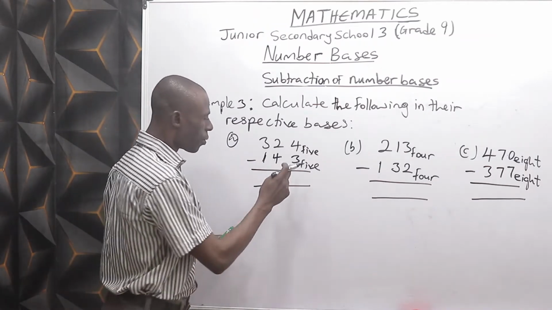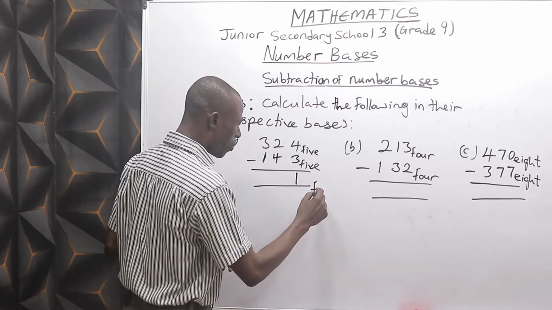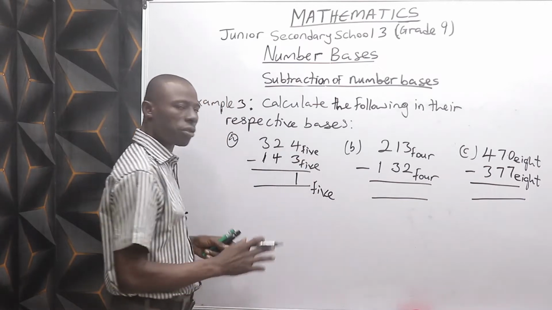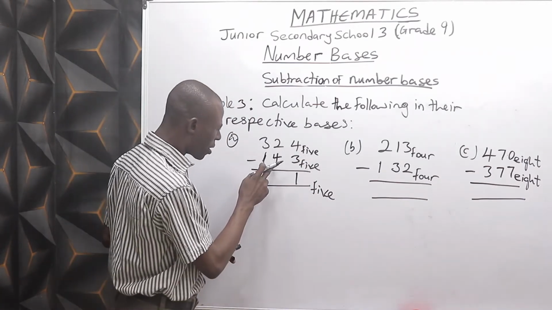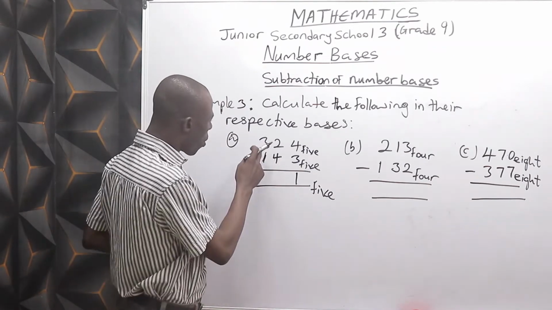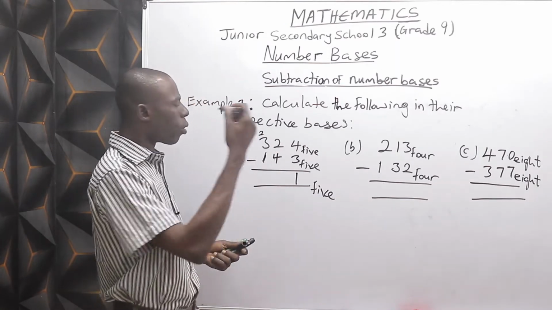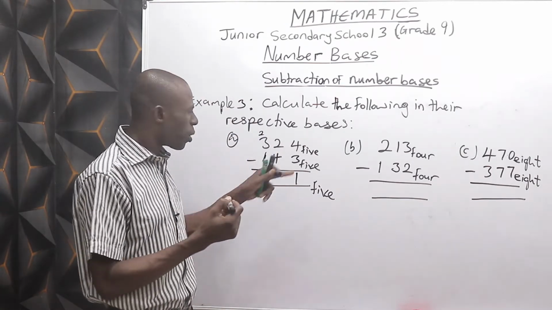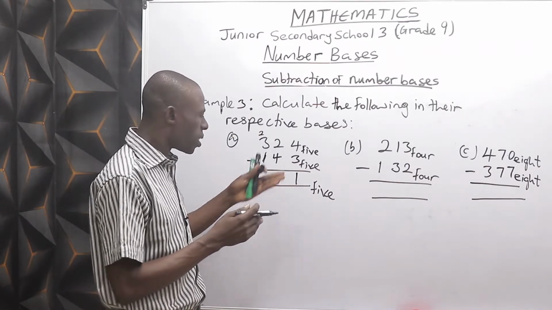Subtract 3 from 4, that is 1 in base 5. We can write it down straight because the 1 is not up to the base. Subtract 4 from 2, it's not possible. Borrow 1 from this 3, and the 3 will become 2. The one you borrow will first become your base, and our base is 5.